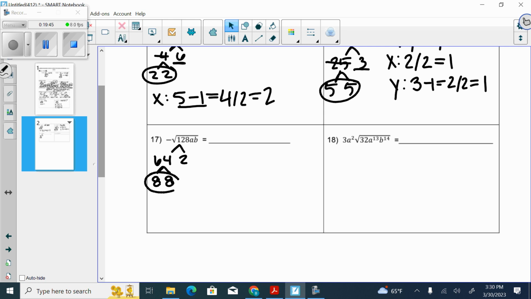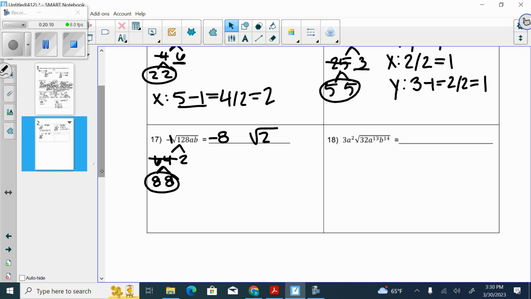A pair. So I'm going to get to take out an 8, right? And what was already out there? Negative 1. What's negative 1 times 8? Negative 8. So I have a negative 8 out there, right? Okay. Did I have anything left over without a pair? 2. And where does the 2 go? Inside.